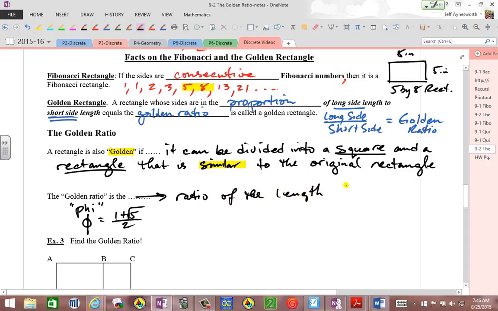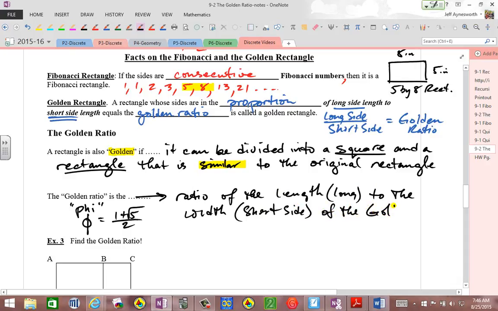Length, long side, to the width, short side. Hopefully you guys already know that. Of the golden rectangle. Having said that, the long side divided by the short side equals the golden ratio, which is phi, or 1 plus root 5 over 2.